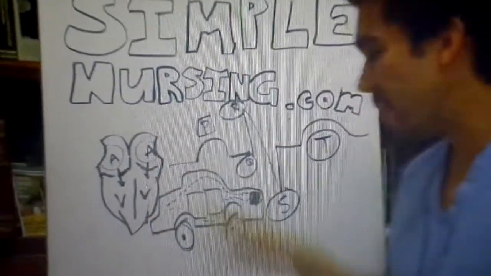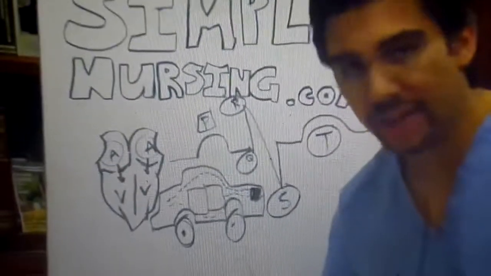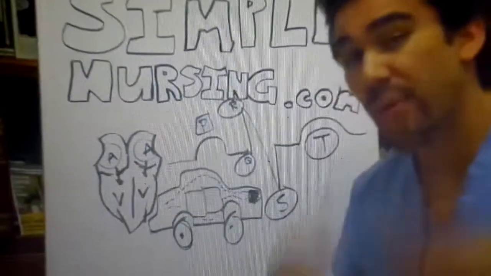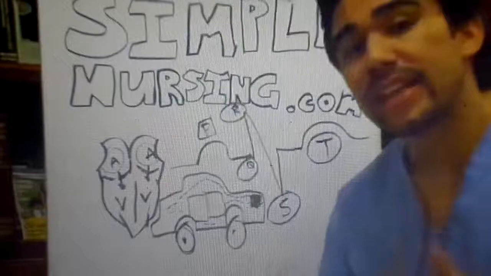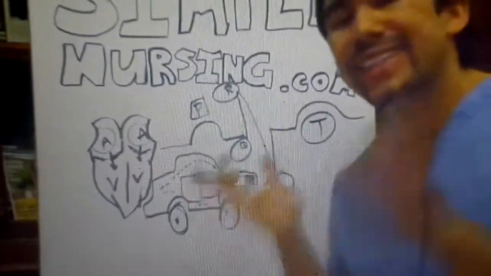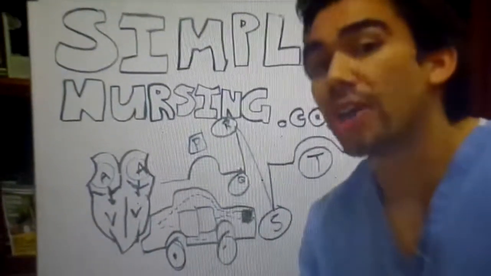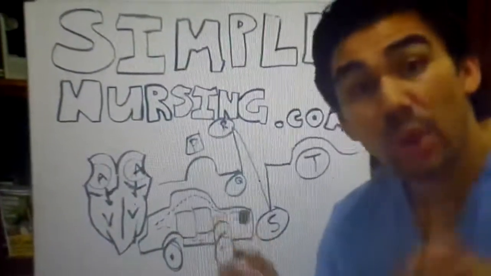That's what happens when our car doors start breaking down. We're not talking about this right now. What we're going to be talking about right now is the electrical system of the heart, exactly kind of like the same thing as the electrical system in your car. So let's do it, guys. Let's go into it right now.